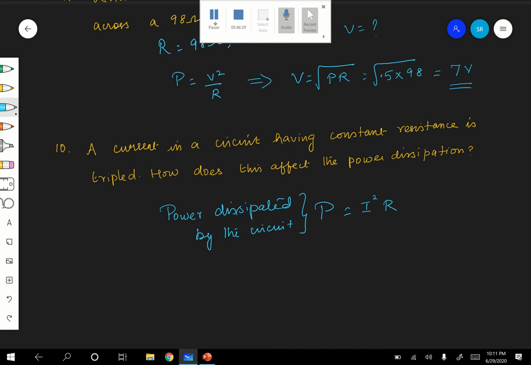In a circuit having constant resistance, R is the same and only I is changing. How is it changing? Tripled. Correct? Therefore, you can say R is constant, so P is proportional to I squared. Here R is constant, given. Are you following?